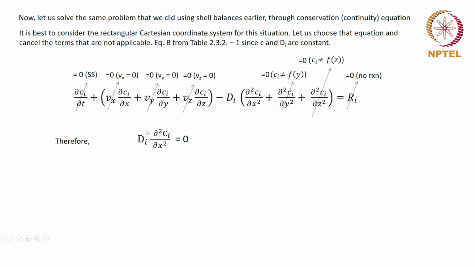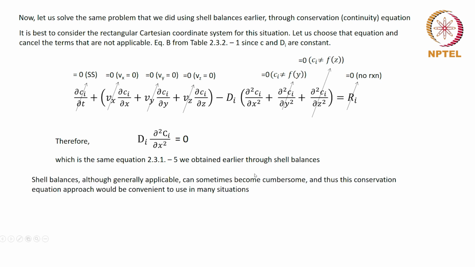So that is the ease of working with this, although there is some caution that you need to exercise while using this. So we got this equation, which is the same equation that we got earlier through shell balances. Di dou squared Ci dou x squared equals 0.